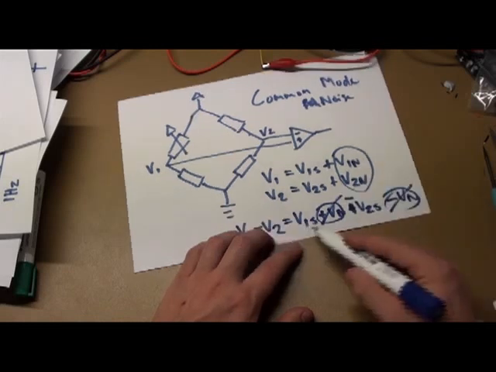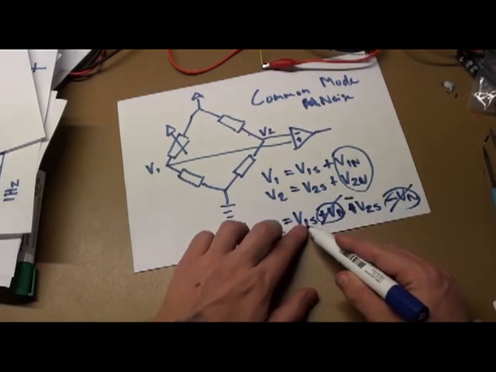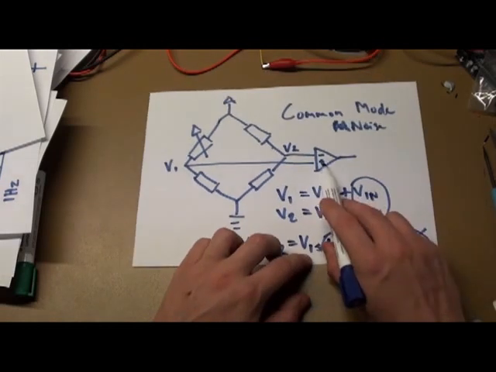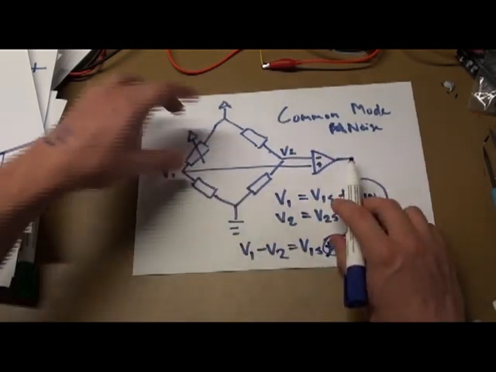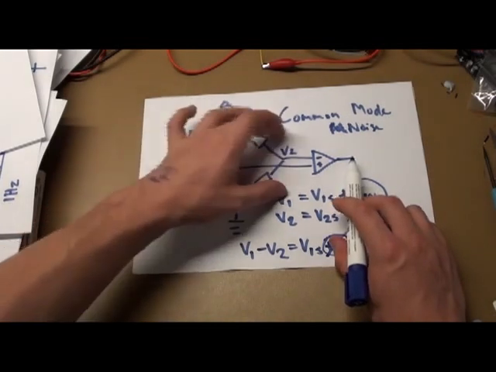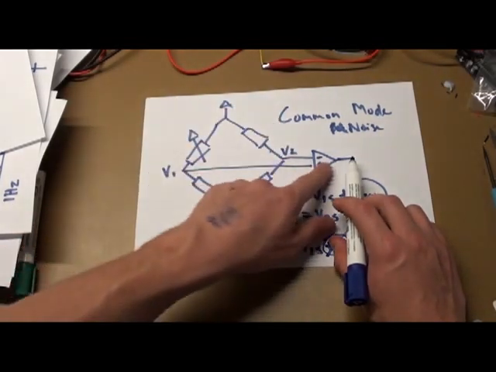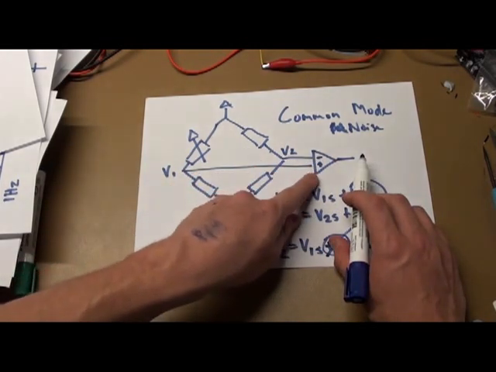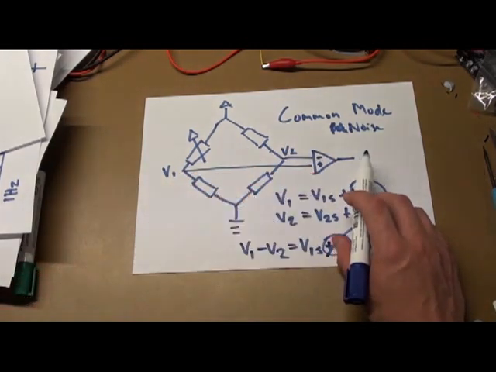So it cancels out, and what we have left over is V1 signal minus V2 signal. And so that is common mode rejection. The noise is common to both parts, so we reject it using the common mode rejection powers of a differential amplifier.